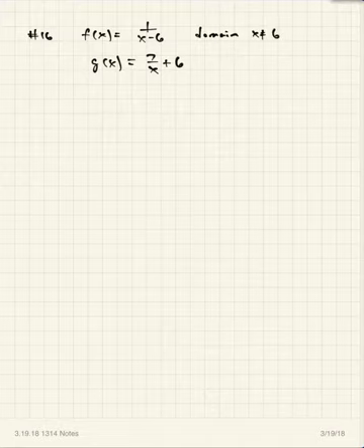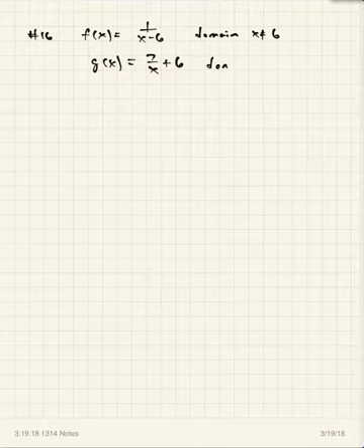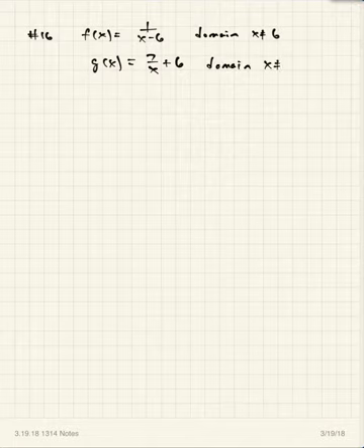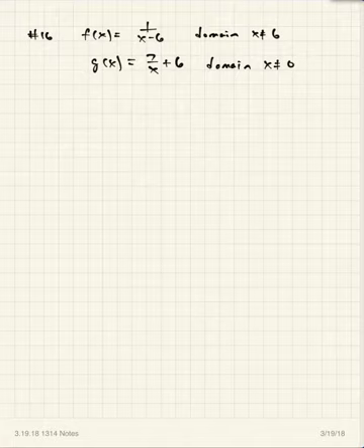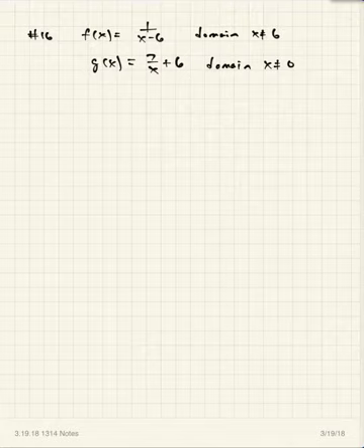Because you can't get a 0 in the denominator. So 6 is a restriction for f. And for g, 0 is a restriction, right? You can't have x equals 0 because that gives you 0 in the denominator. So those restrictions would carry over to the final result at the end of the problem. That's a little bit about the domains here that I want to point out.